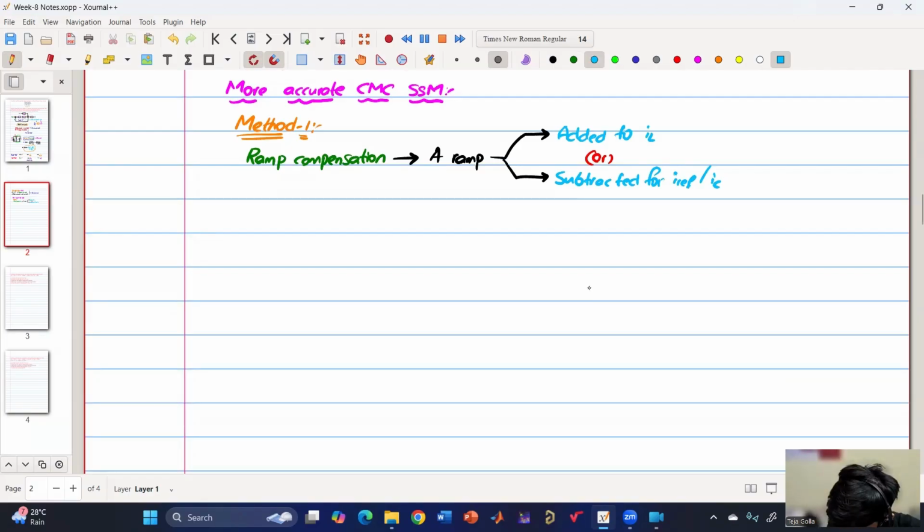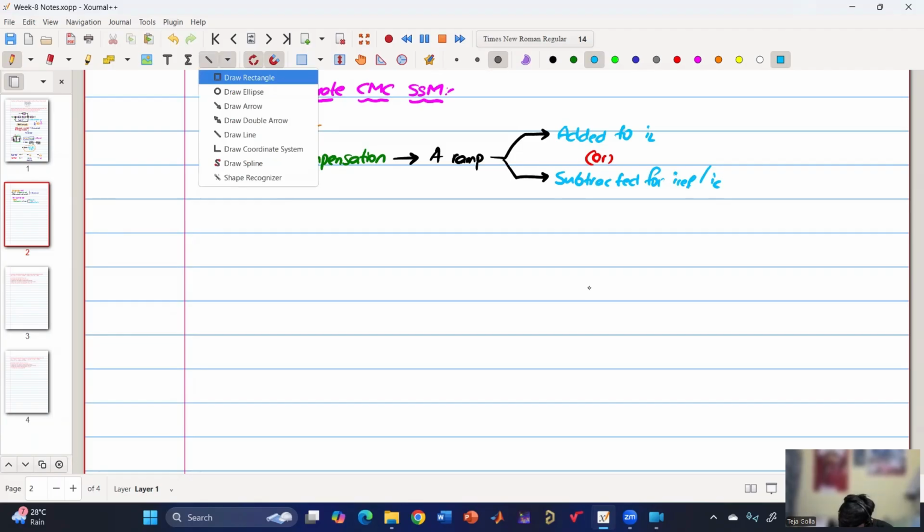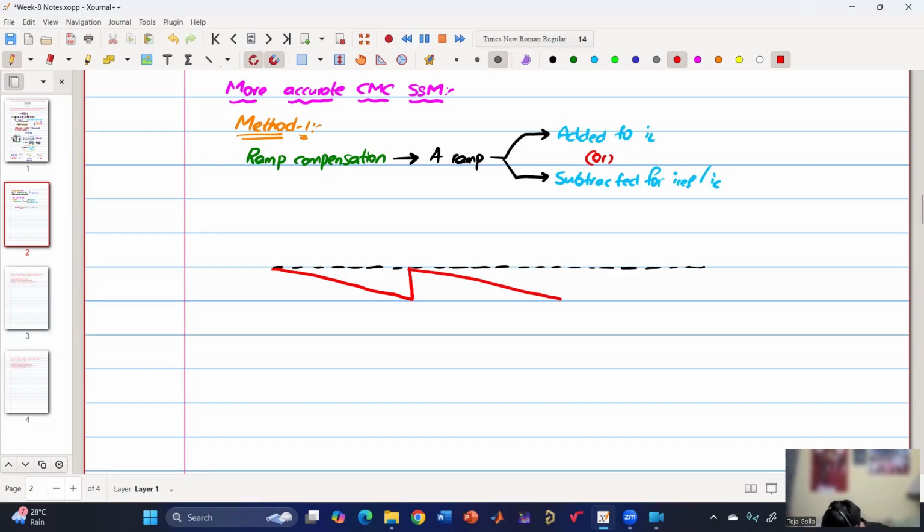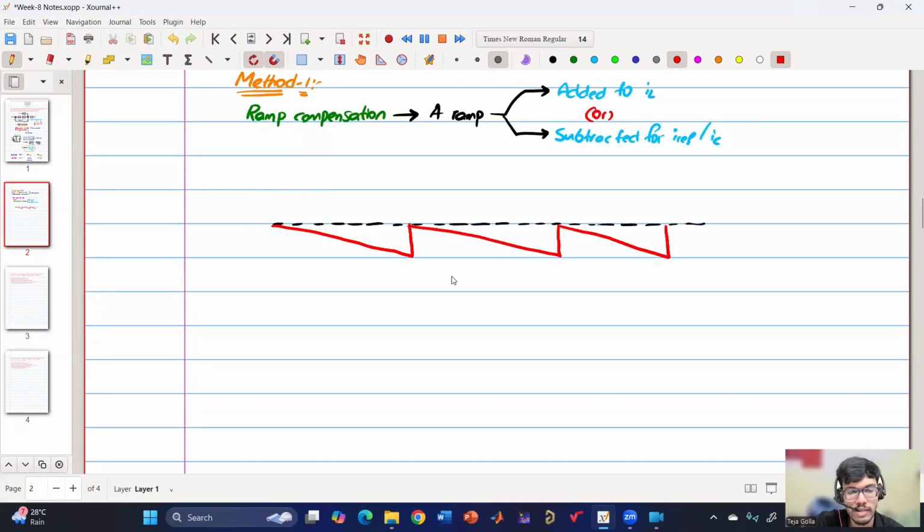Previously, we had I reference. Now we'll have a ramp compensation. With that, this is my IC, because now we are subtracting the ramp from the previous constant. That's why it is falling like this.